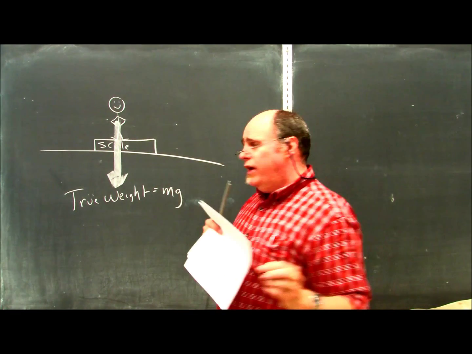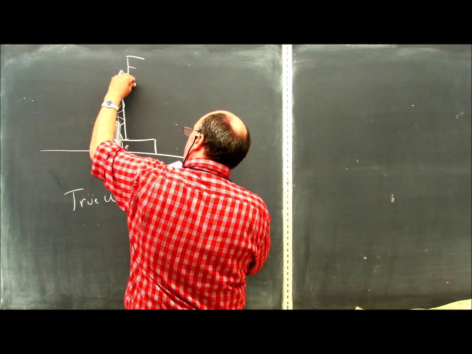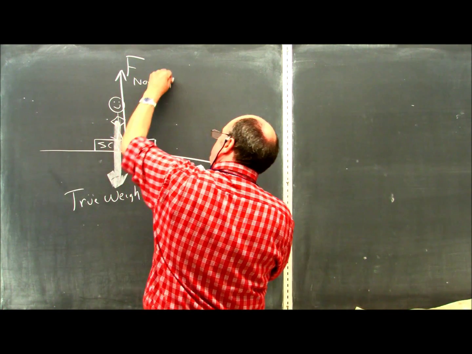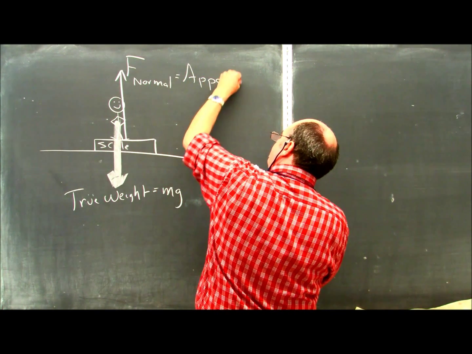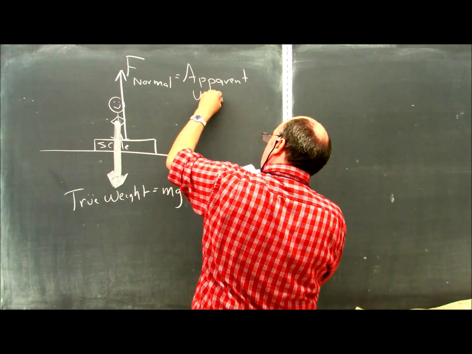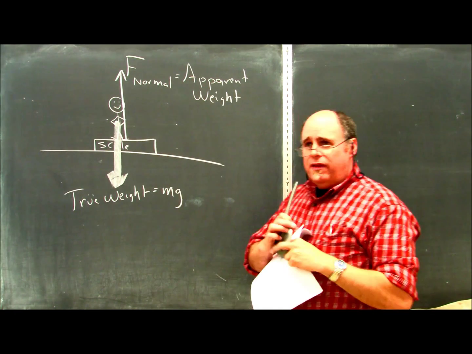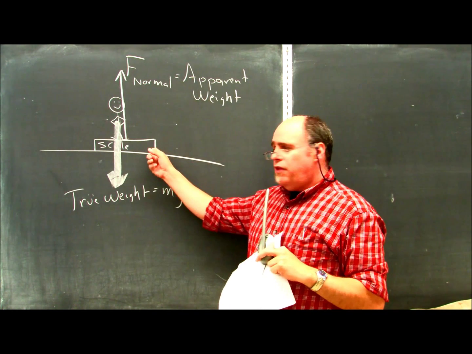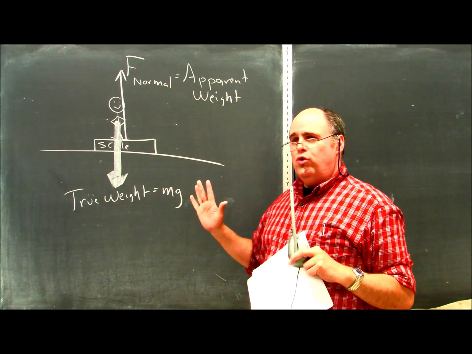But the apparent weight is equal to the normal force. So force normal is the same thing as your apparent weight. Okay. And so what do I mean by that even? If you were to stand on the scale at your house, and you freeze your body and don't move, you're not accelerating.